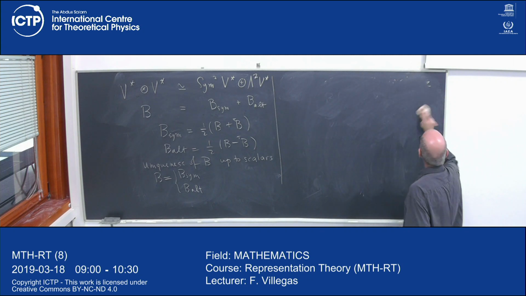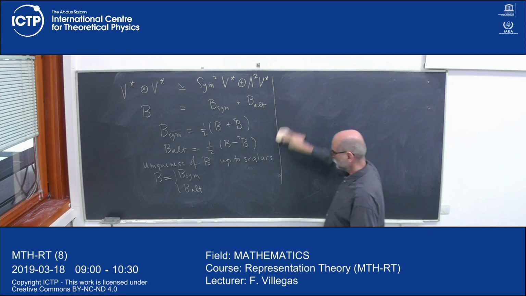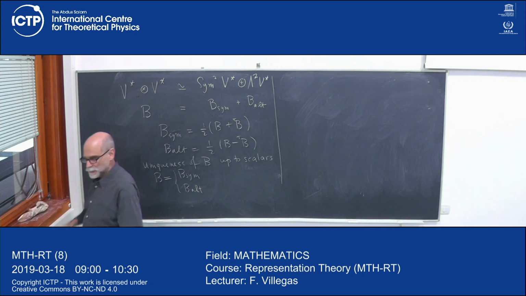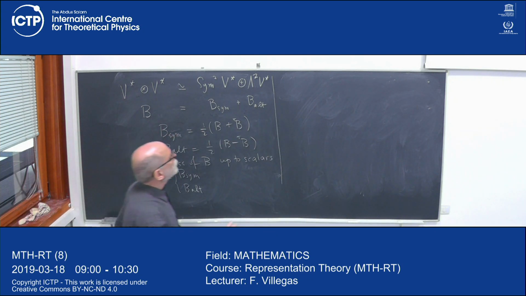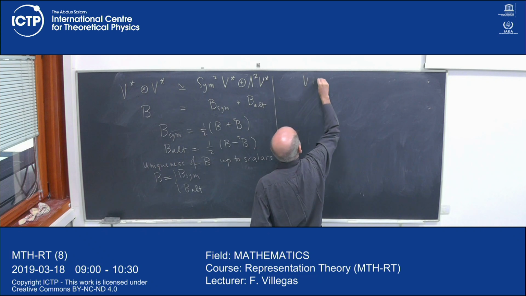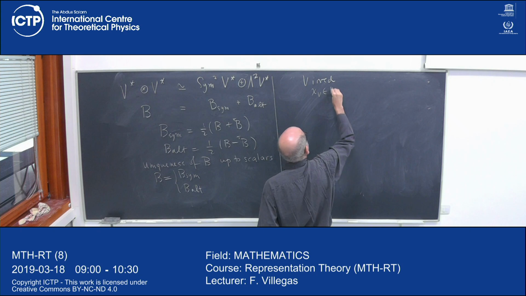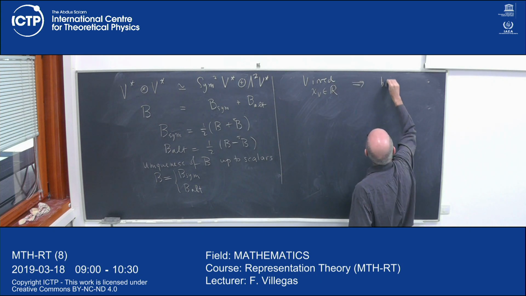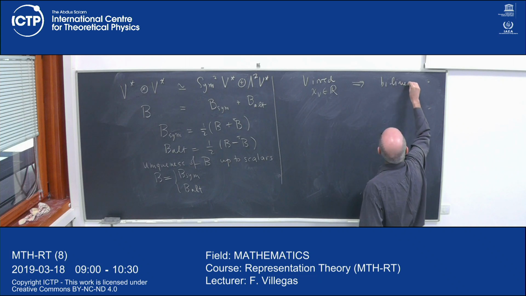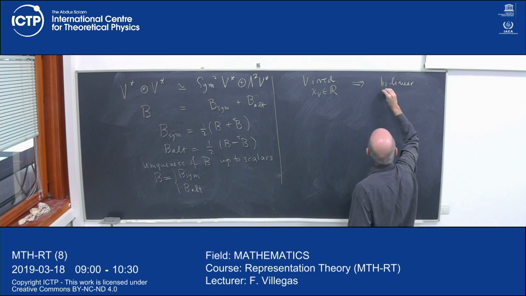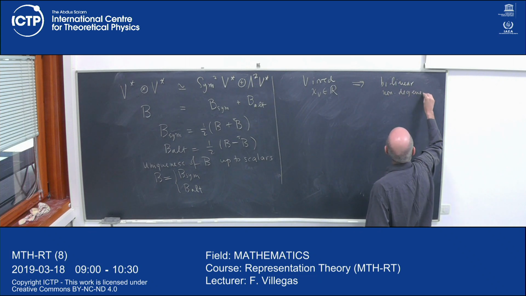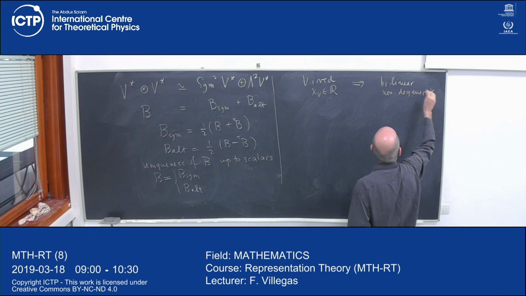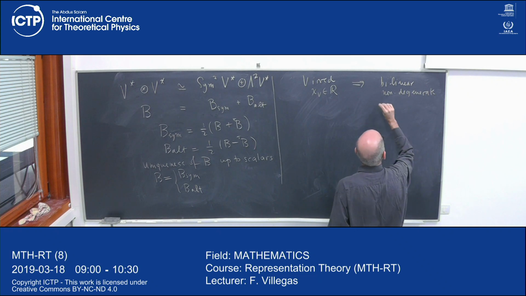Well, I'm erasing it now, but I can add to the summary that if we start with a V irreducible with real-valued characters, then we get a bilinear non-degenerate form. That follows, but it's not quite what I care about at the moment.